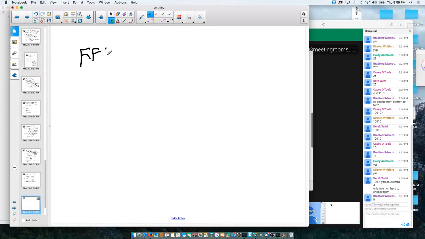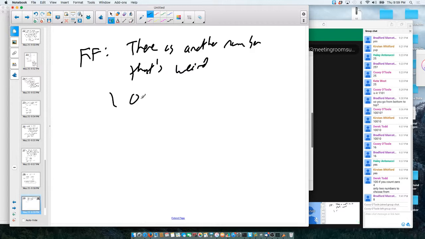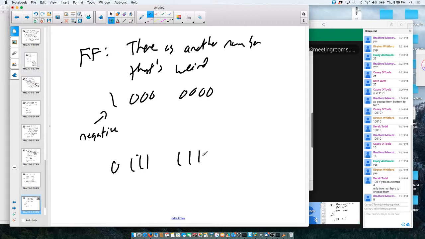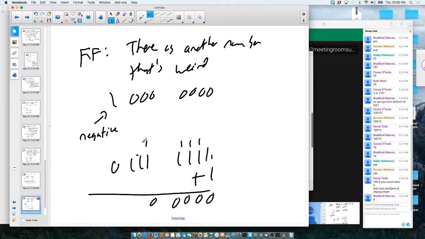The last fun fact is there is another number that's weird. And it's this one. By our rules, it starts with 1, so it's negative. If we want to figure out what positive number it is, we flip all the bits, we add 1. 1 plus 1 is 0, carry the 1, 0, carry the 1, 0, carry the 1, 0, carry the 1, 0, carry the 1, 0, carry the 1, 0, carry the 1, 1.